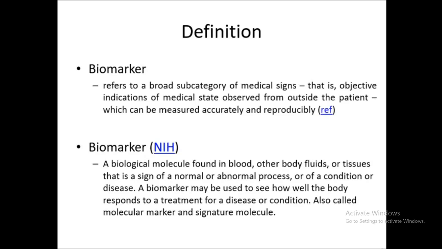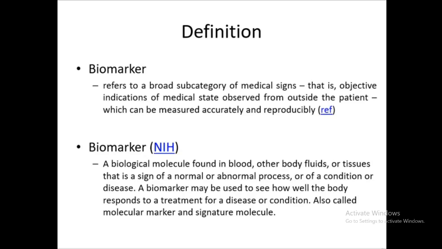A definition I prefer, which is from NIH America, is a biological molecule that can be found in a range of matrices such as blood, bodily fluids, or tissues. And this biological molecule would give you an indication of whether it's part of a normal or abnormal process, or of a condition or disease.